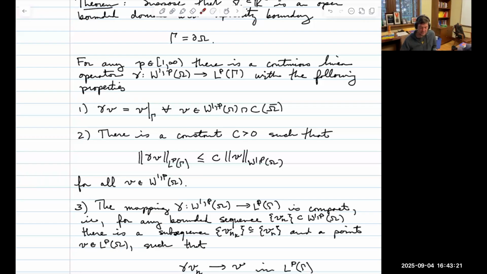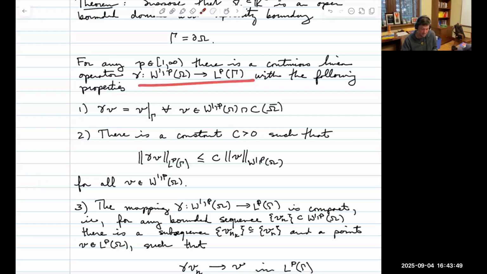For embedding operators, you could argue that the mapping itself is just the identity map. In this case, it's not the identity map because think about it. If that were the identity map, then it would map v to itself within W^{1,p}, and that's a function over this set omega. But what we really want is its values on a boundary. So in this case, this is not an embedding map.